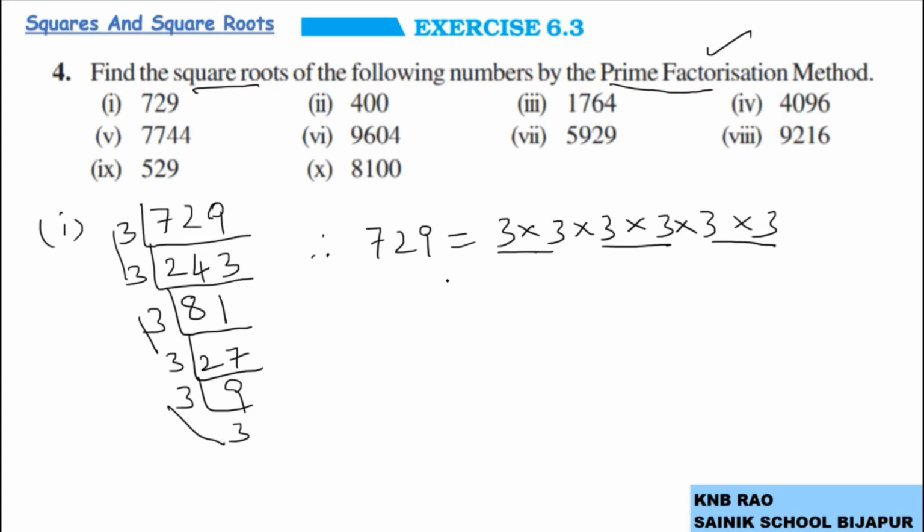Once you make the pairs, you will find the square root of 729, where from each pair 1 prime number gives you the square root. Here the square root of 729 is the product of 3 multiplied by itself 3 times, that is 27, because there are 6 3's which are becoming 3 pairs.